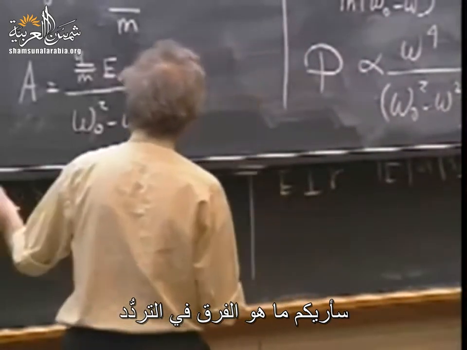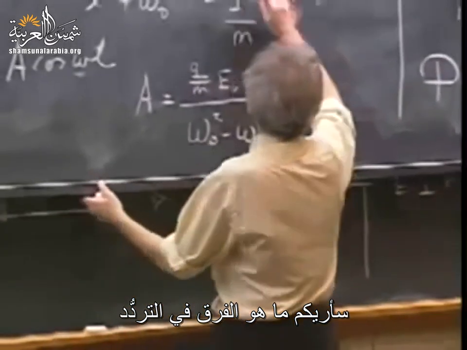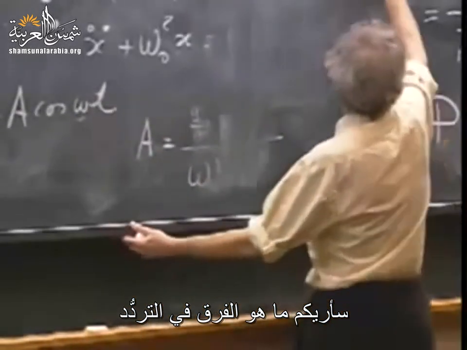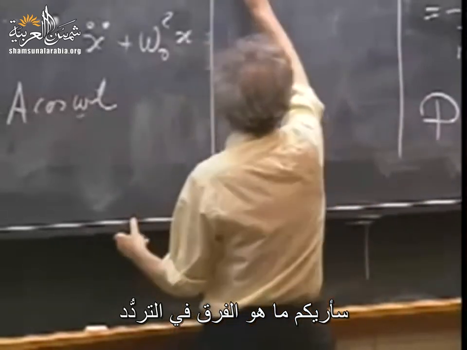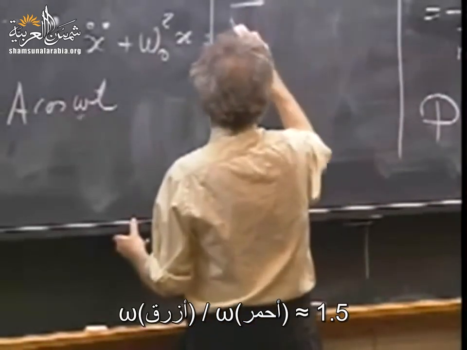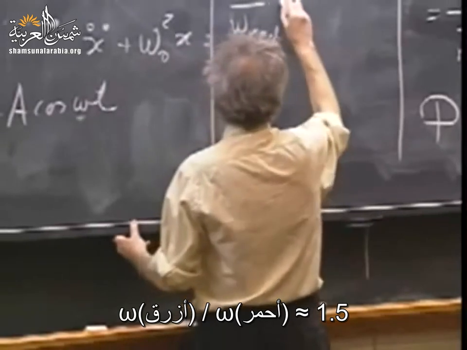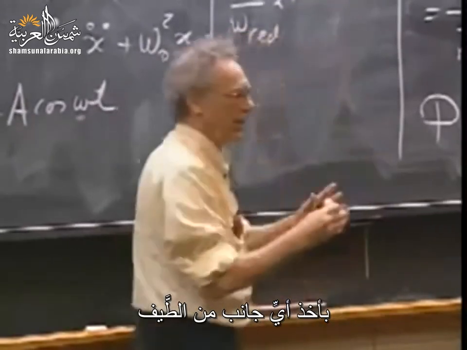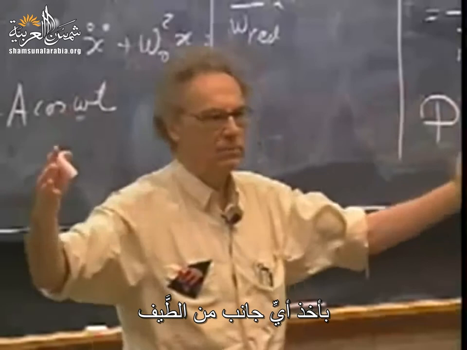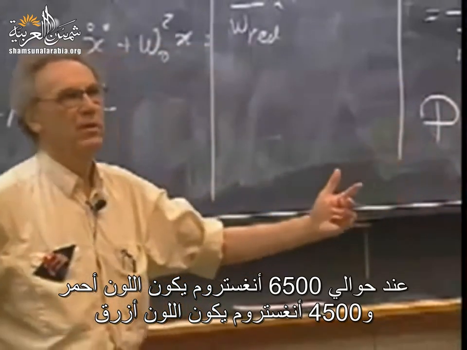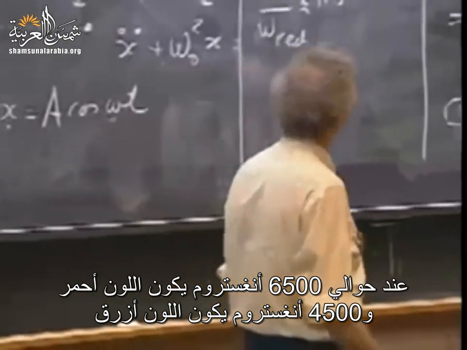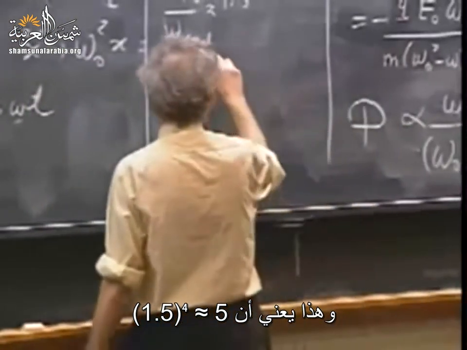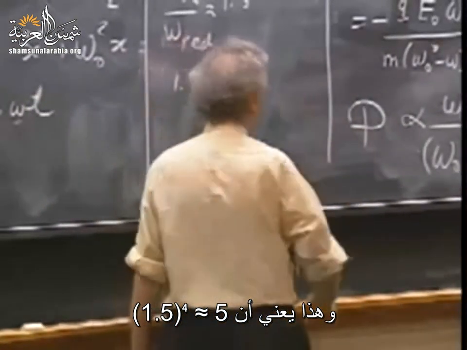And so let me try to stay on the center board and show you what the difference in frequency is. So omega blue divided by omega red is approximately 1.5, taken on either side of the spectrum. About 6,500 angstroms is red and 4,500 angstroms is blue. And that means that 1.5 to the power 4 is about 5.